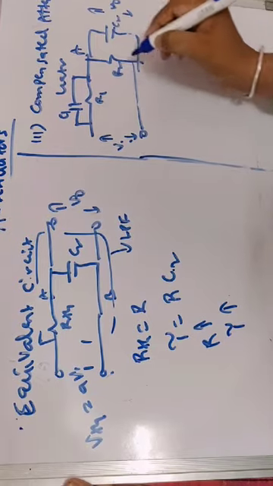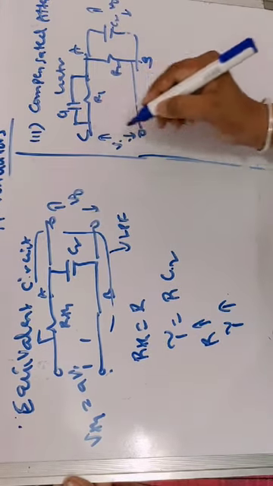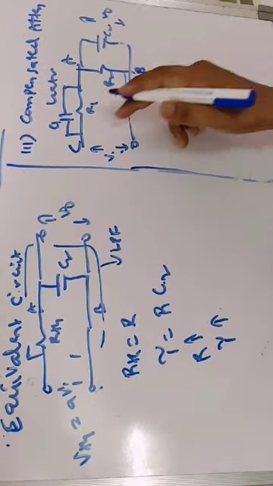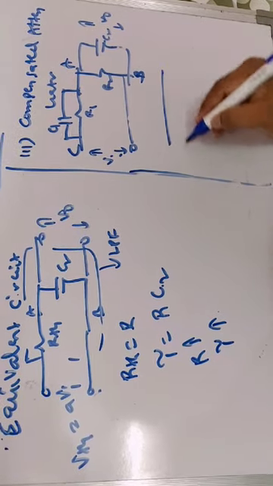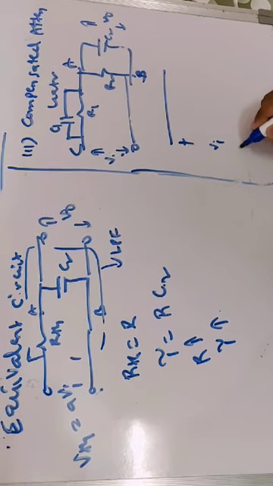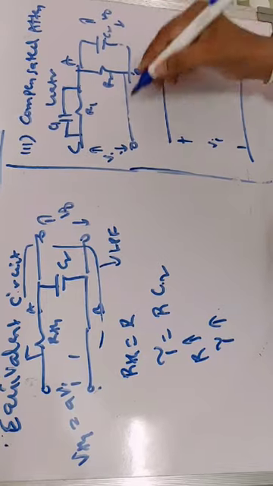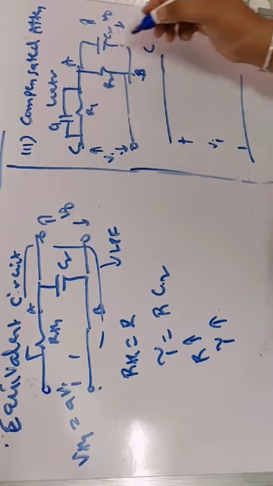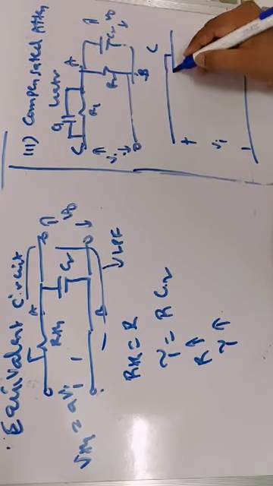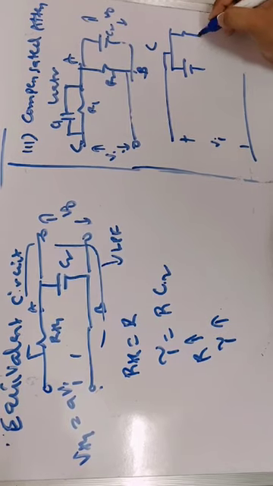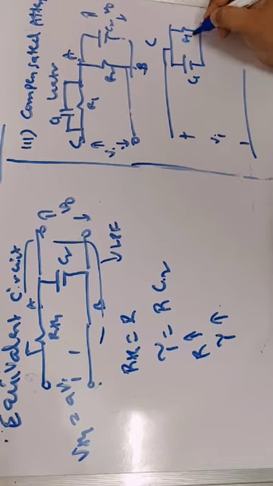So let us take these terminals as A, B, and this terminal is C. Now I am redrawing this circuit. This is the input voltage we are applying here, and between C and A, the elements connected are capacitor and resistor C1 and R1.